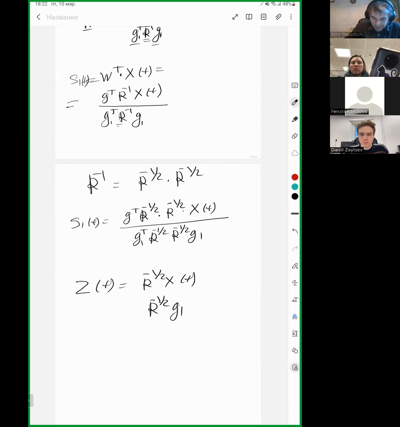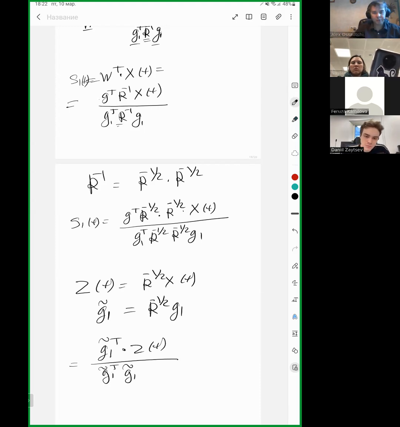So let's call it G1 tilde, okay? And substitute this into here. Very simply, then you say G1 tilde transpose multiplied by Z of t, divided by G1 tilde transpose G1 tilde.